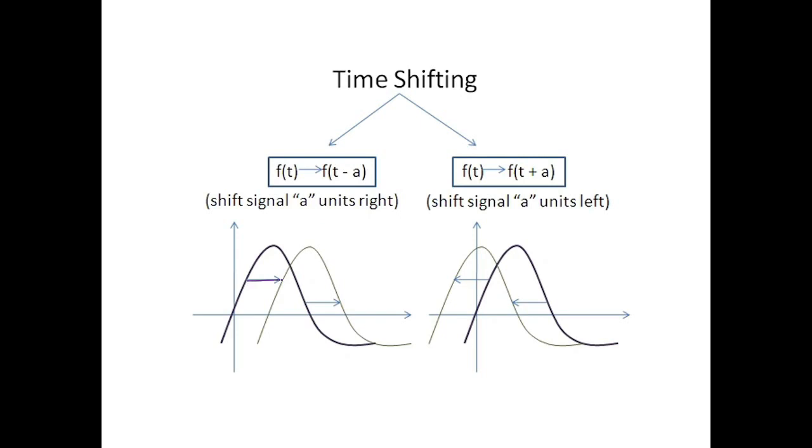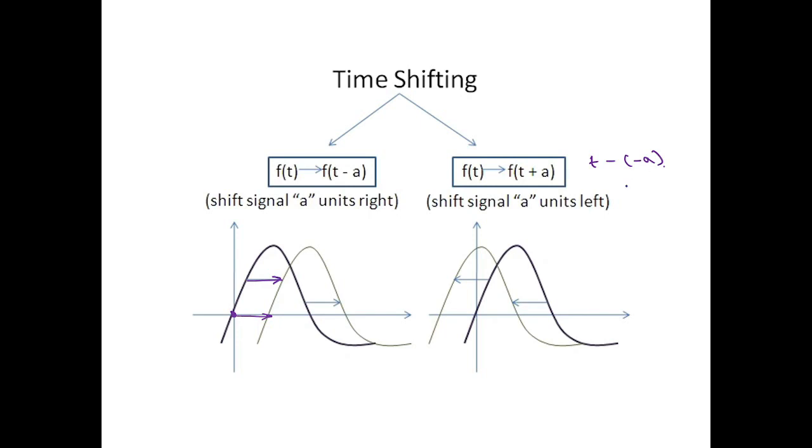See, the signal is being shifted towards the right hand side. So this value, for example over here, has shifted to the right hand side of the original signal. So it is time shifting. Okay. Time advancing is given by f of t plus a, in other words, t minus of minus a.